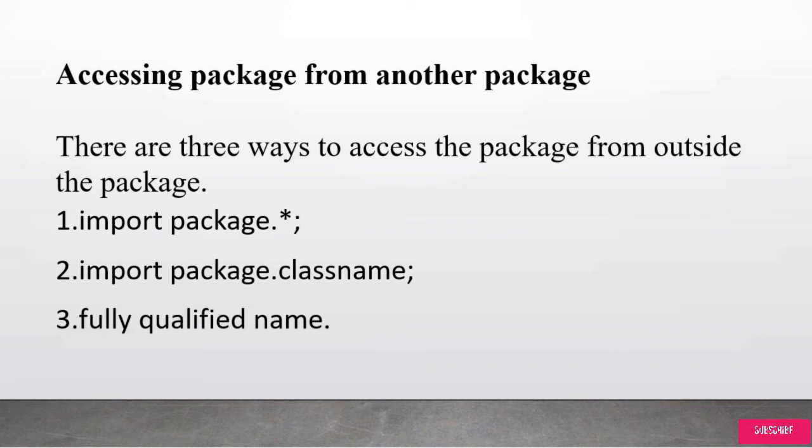The second approach is with a specified class name, package dot class name. Only a particular class will be imported into your program. The third one is the fully qualified name. We will see them one by one.